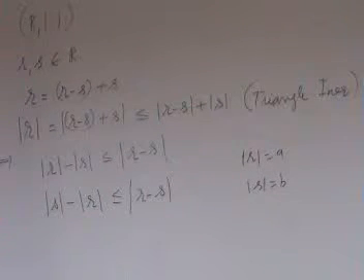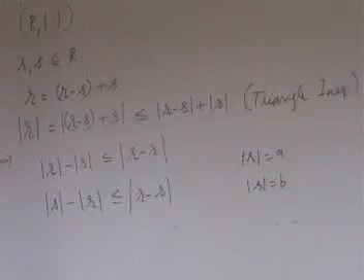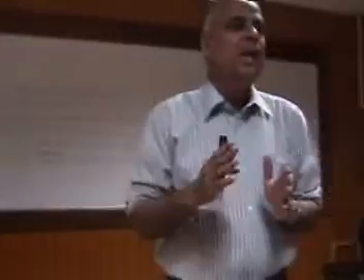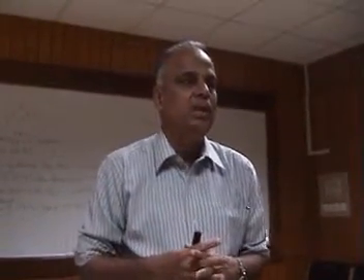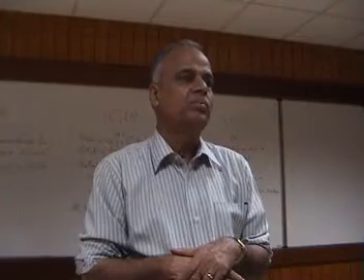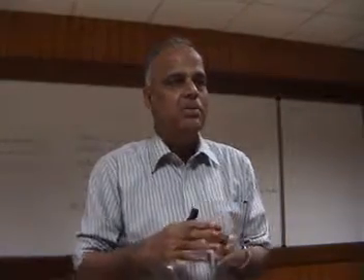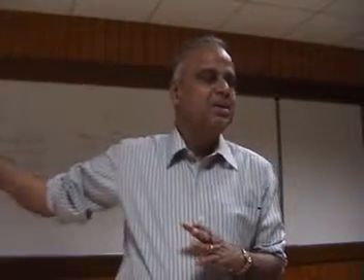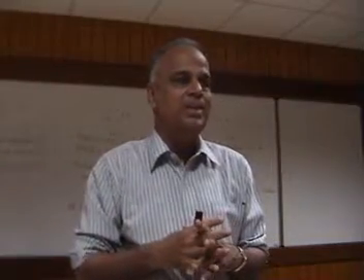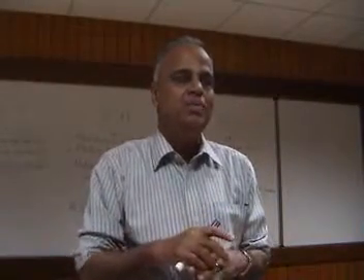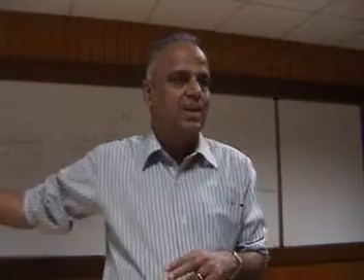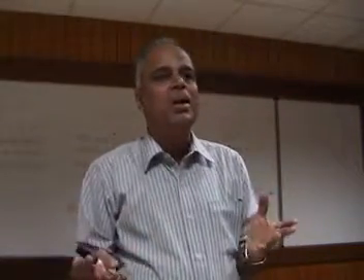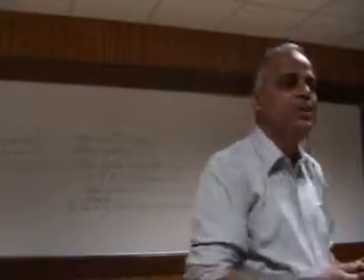Now there are several options. a can be equal to b, then obviously it is less than that. a can be greater than b, in that case the absolute value of a minus b is a minus b, but that is also less than or equal. Similarly, if a minus b is negative, then b minus a is the absolute value, but that is also less than or equal to that. That means whatever a and b are, the absolute value is less than or equal to the absolute value of r minus s.